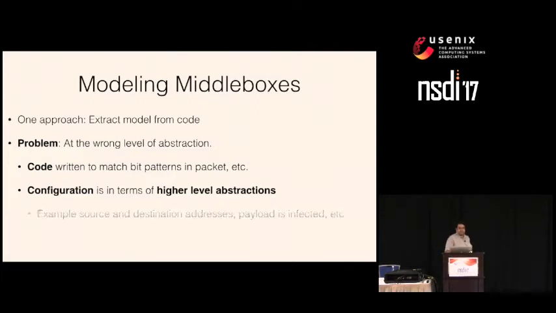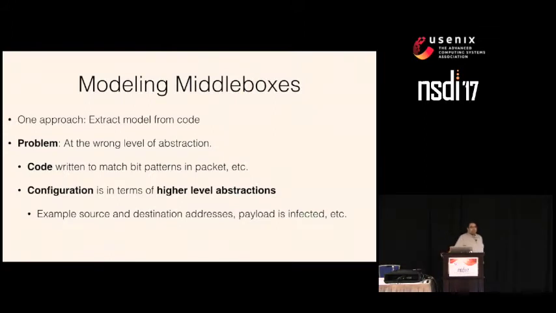Configuration, for example, is often specified in terms of things like source and destination addresses in the IP header, or whether the payload is infected, for some definition of infected. Extracting this sort of abstract detail from the code is not really simple.